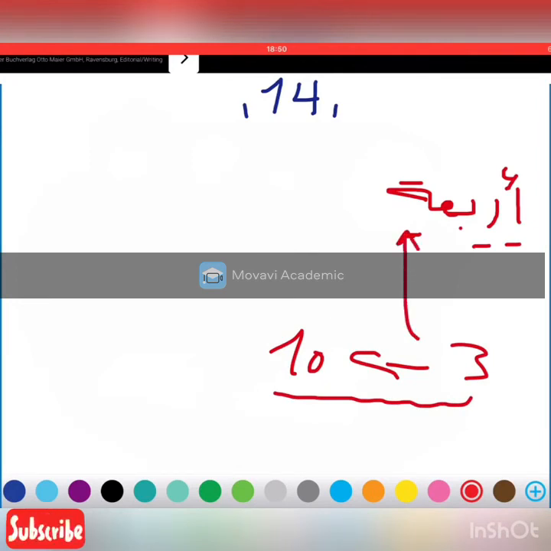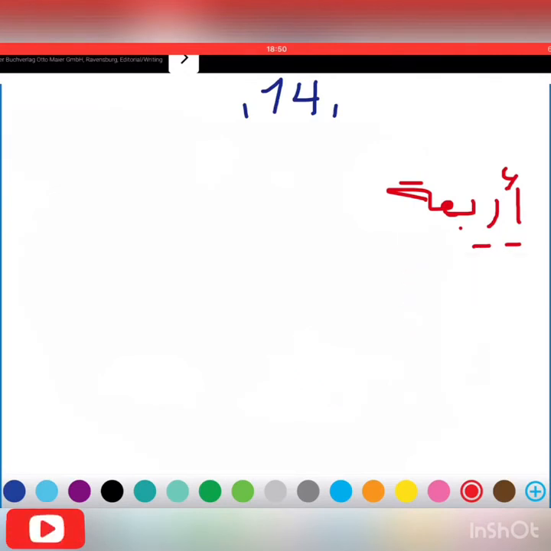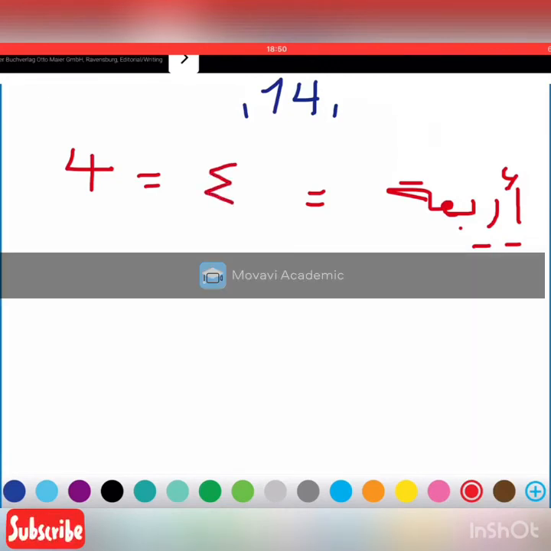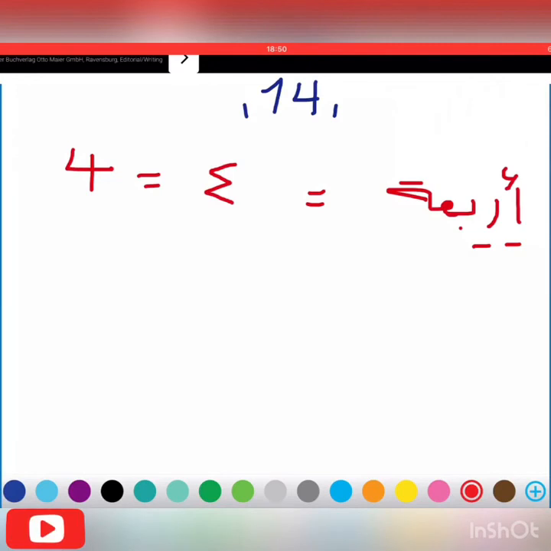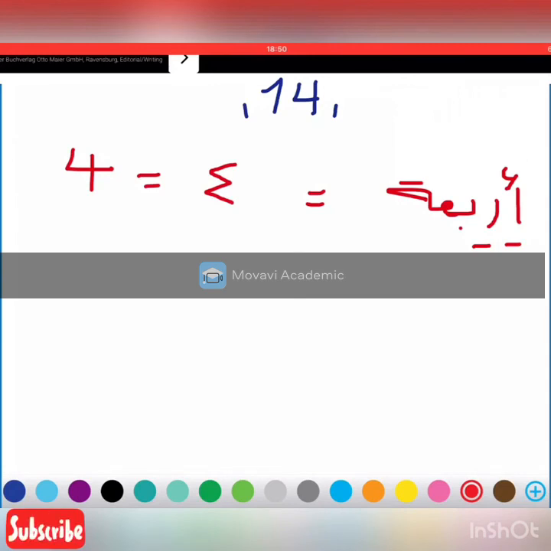All. Okay. So this makes it a little bit easier. أربعة is 4. We write it like this in English. In Arabic, it's just like this. So 0 صفر, 1 واحد, 2 اثنان, 3 ثلاثة, 4 أربعة.